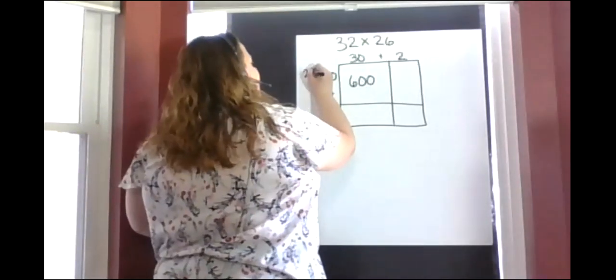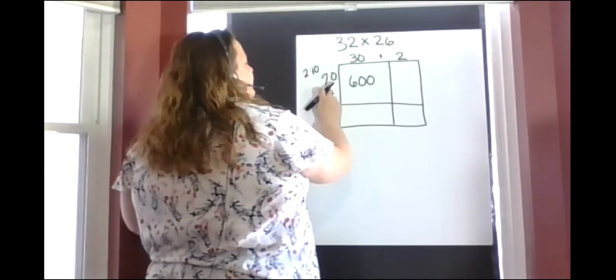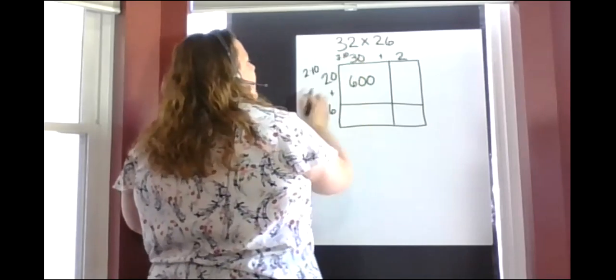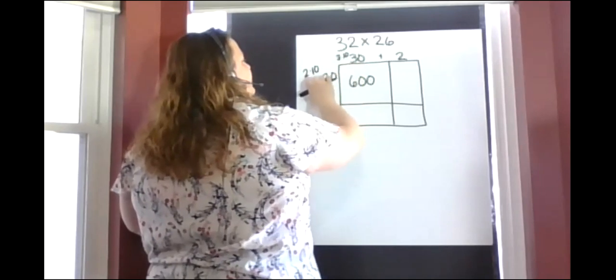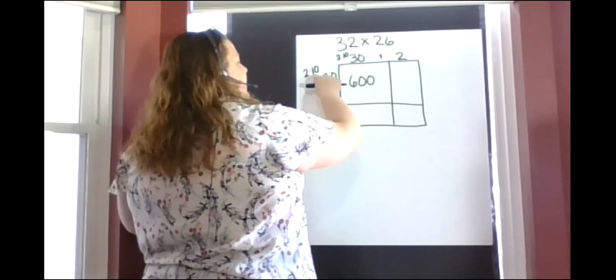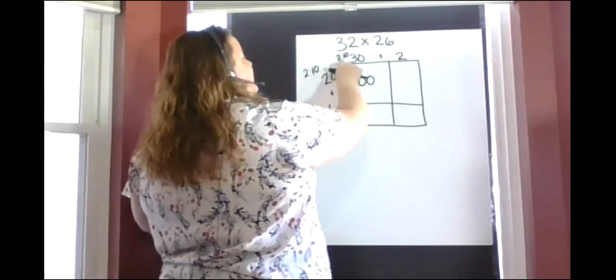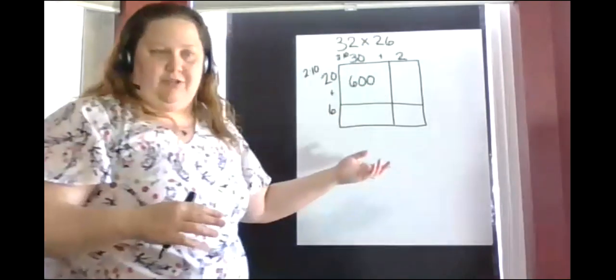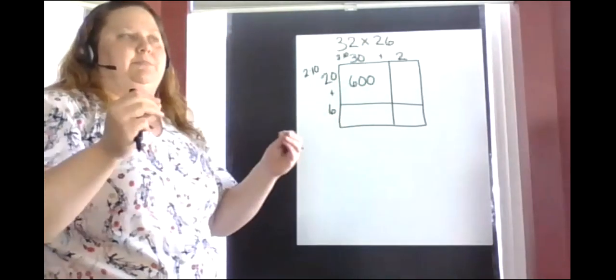So again, if we think about this as 2 times 10, and this 30 is 3 times 10, if I'm multiplying these, I can say 2 times 3 is 6, 6 times this 10, or I could even say 2 times 3 is 6, 10 times 10 is 100, 6 times 100 is 600. So it's multiplying those pieces.